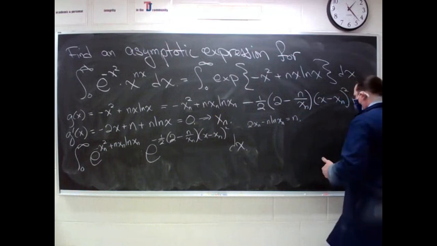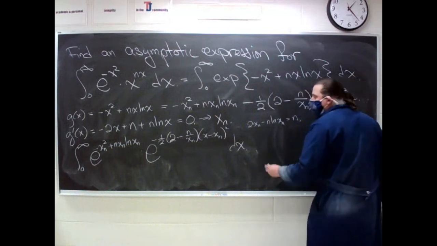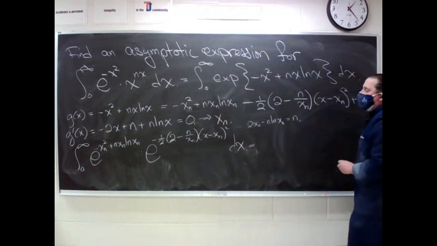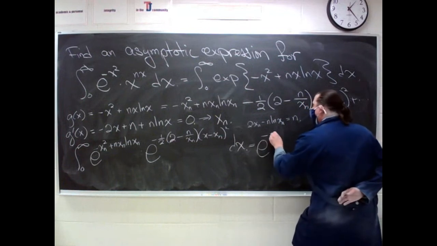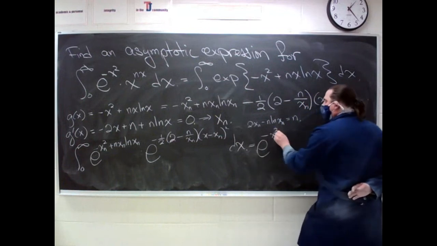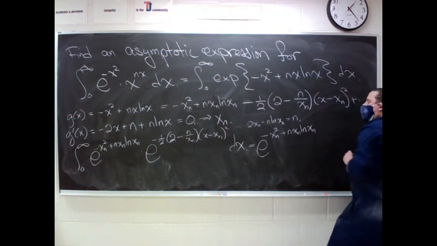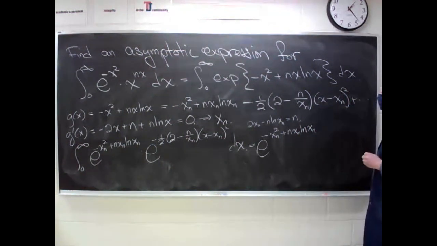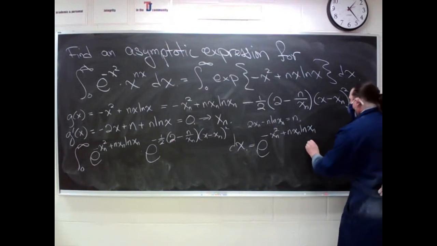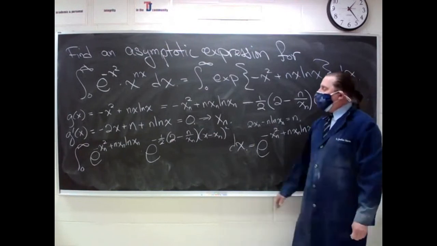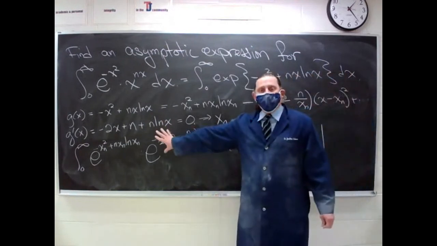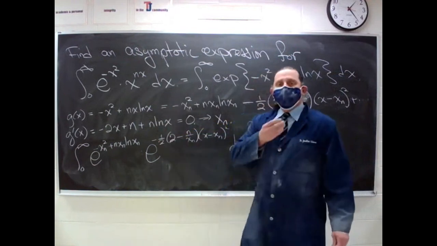So what we would get is e to the minus xn squared plus n xn log xn times square root of pi over alpha.